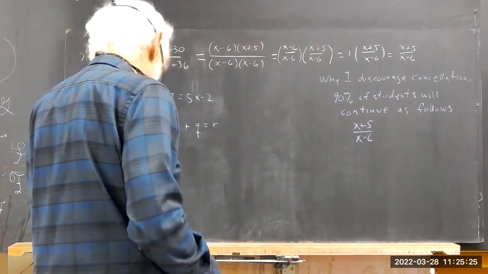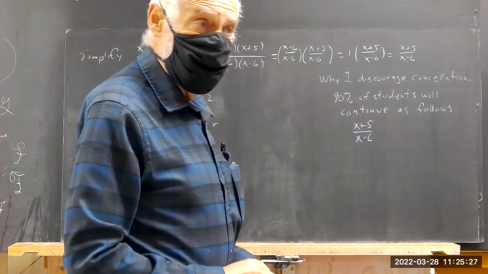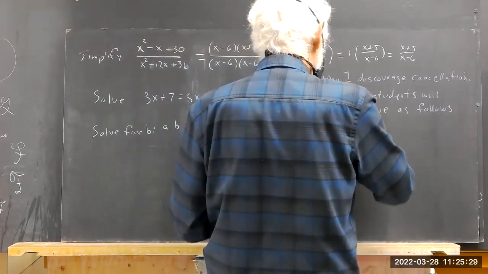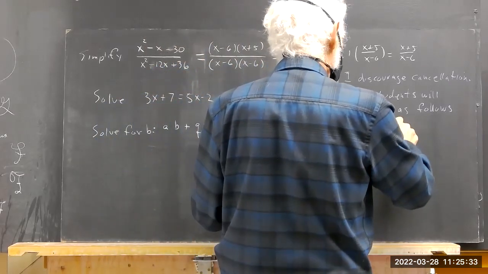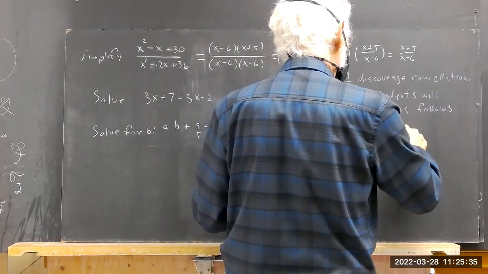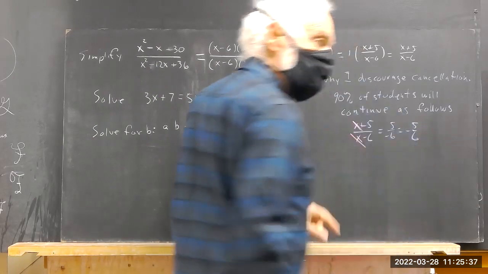Okay, you get your x plus 5 over x minus 6. Well, there's an x and there's an x. So now we have 5 over -6, which is -5/6.